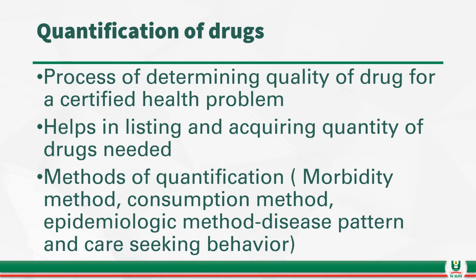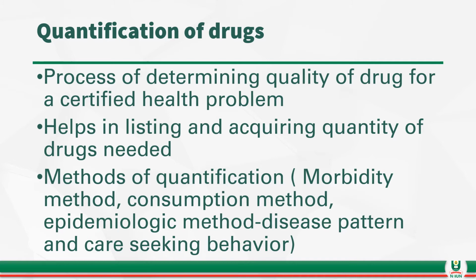Then you look at the general consumption method, the total consumption outlook of medications for various illnesses that are prevalent in that community, and other health related conditions. Then another aspect of quantification is the epidemiologic method. In this case, you look at the disease pattern and the care-seeking behavior of the people.